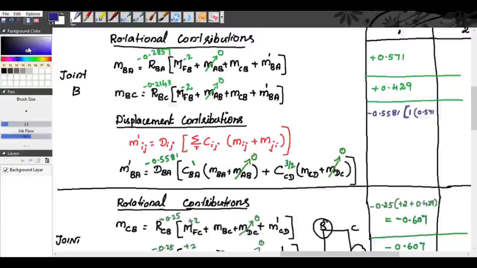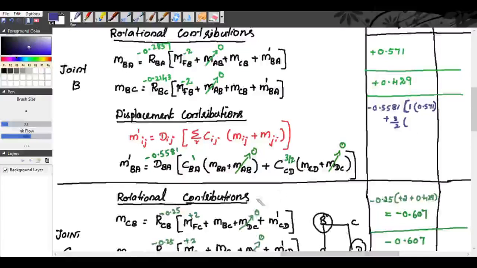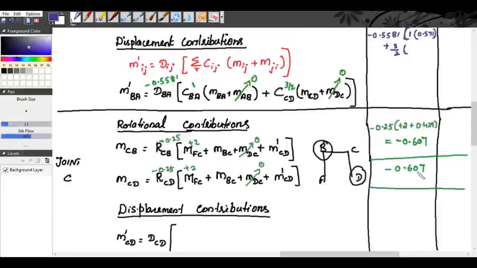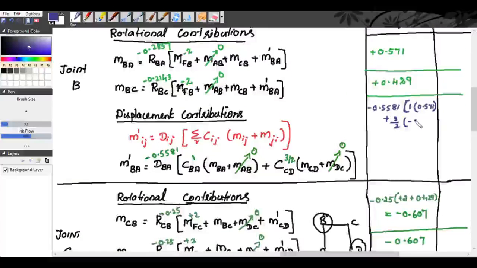So, we get plus 3 by 2 multiplied by MCD. MCD is minus 0.607. So, we get the displacement contribution for the joint B for the column BC. Sorry, BA. At joint B, the column is BA. That is equal to plus 0.189.